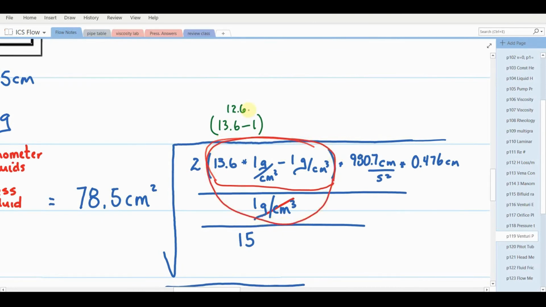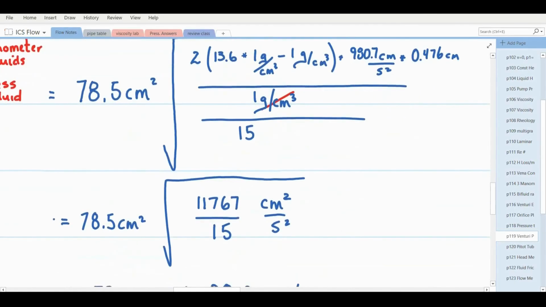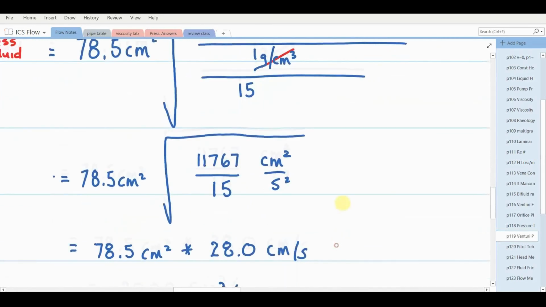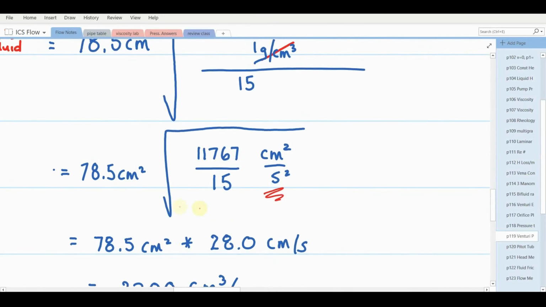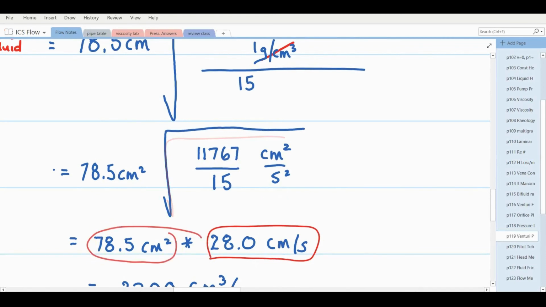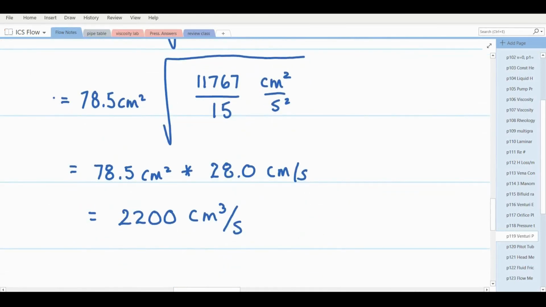No units. So it's 2 times 12.6 times 980.7 times the height 0.476 divided by 15, and that equates to 11,767 divided by 15 centimeters squared per second squared, the root of which is 28 centimeters per second, times the area of the pipe, 78.5 square centimeters, is 2,200 cubic centimeters per second.